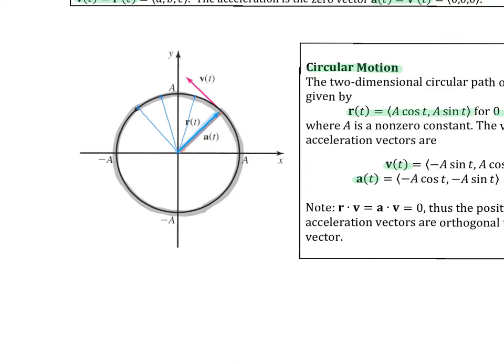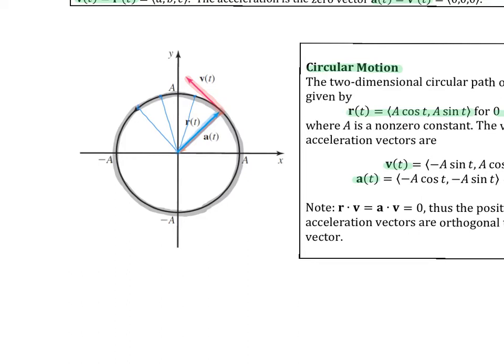Well, when you take the derivative, you get your velocity vector. And whenever you take the derivative, you get a tangent vector. So if this blue vector is r, then the velocity vector is going to be this tangent vector. And it's going to be going in the direction that the circular path is generated. So in this case, counterclockwise.